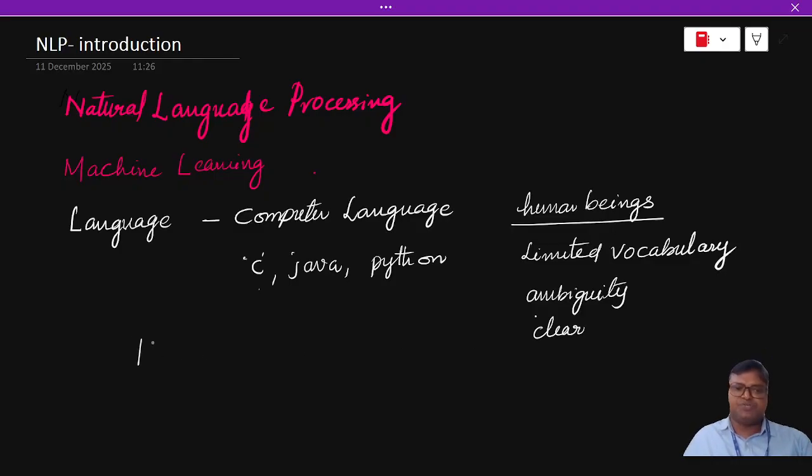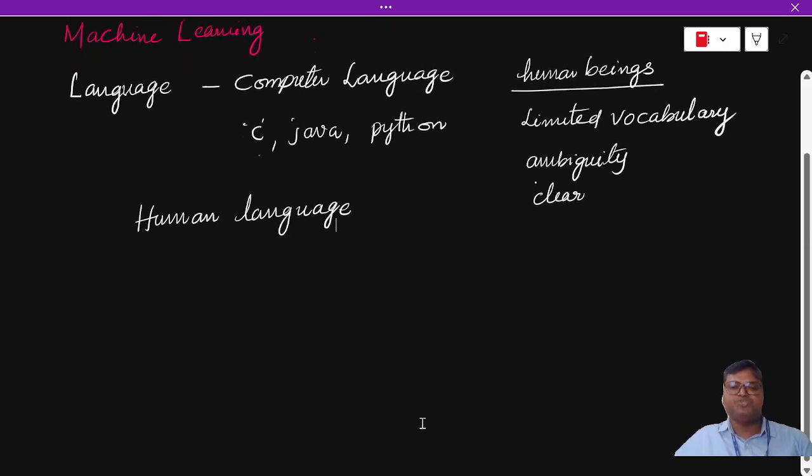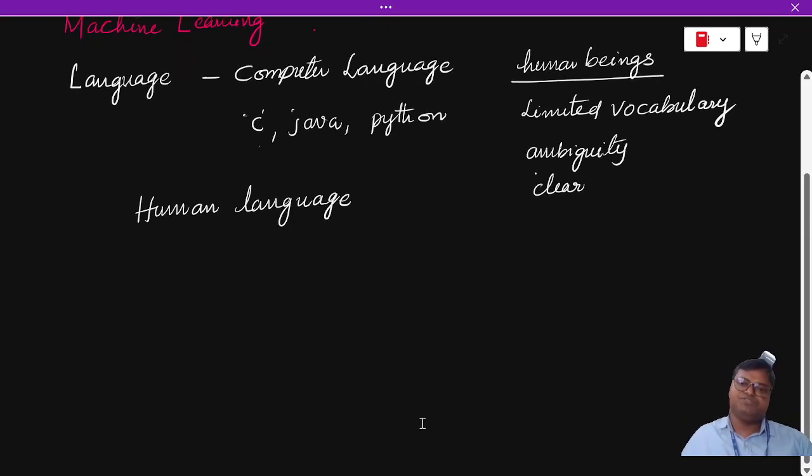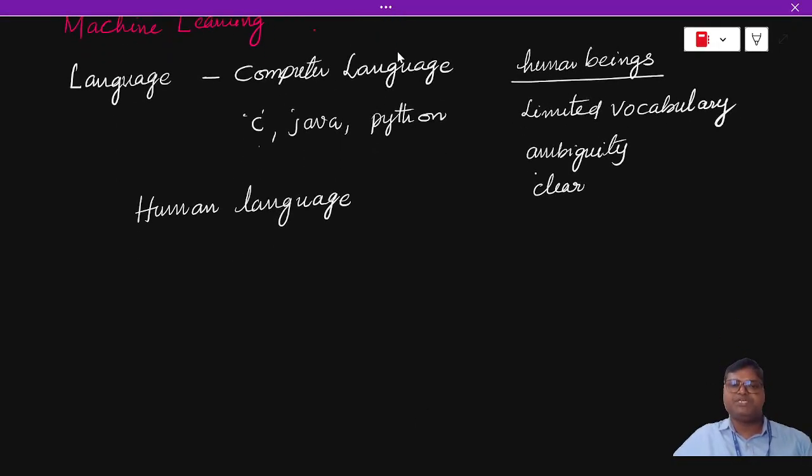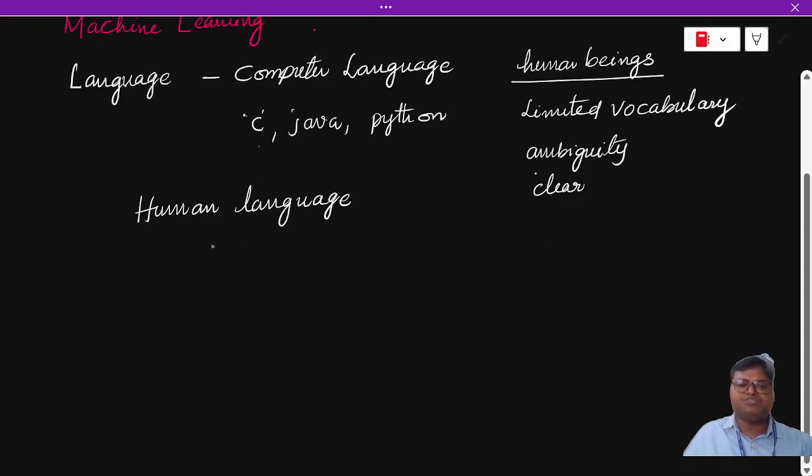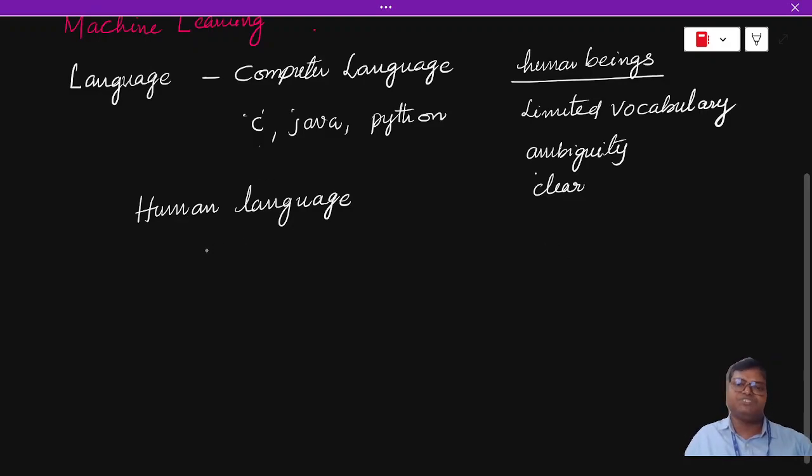But when we come to our human languages, we call them natural language, which was developed over time. We don't know exactly who developed it. We know Telugu, we know English, we know other languages. They have been coming for a long time. They evolved over a process of time. So we cannot definitely say from which year that language was developed.